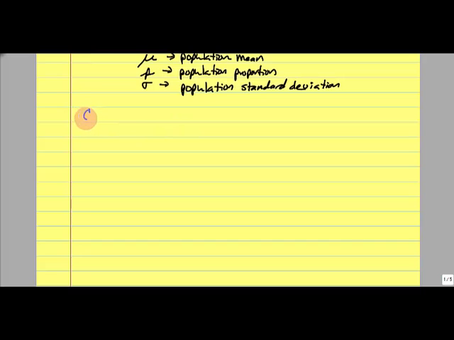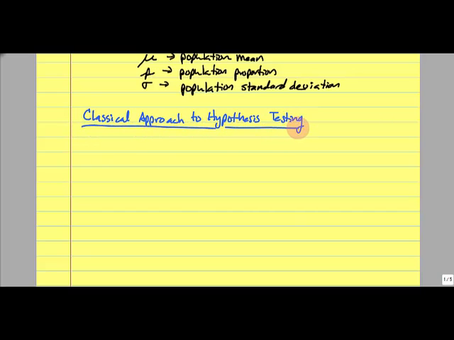The first one that we're going to look at is called the classical approach. Now we'll need your normal tables and a calculator for both the classical and the p-value approach. One thing I'd like to point out is you can use either of the approaches that I'm about to show you, but specifically my math lab will ask you questions about a particular approach, so it's important that we know both of them.